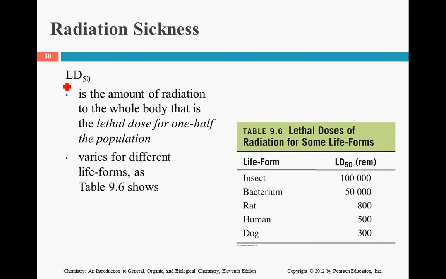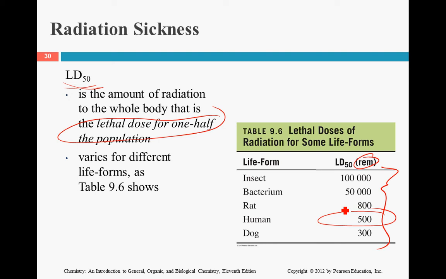So remember, LD50 means the lethal dose for 50% of the population. Notice how it changes. But remember, this is based upon the type of radiation as well as the type of tissue. So it's a little misleading, but 500 rem is where the lethal dose is for humans.